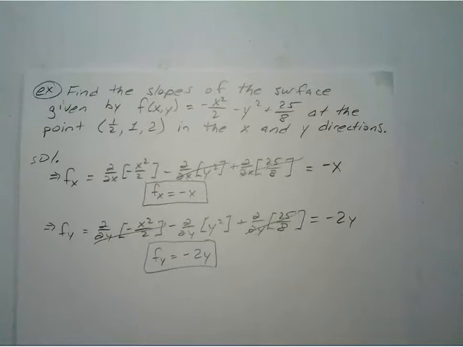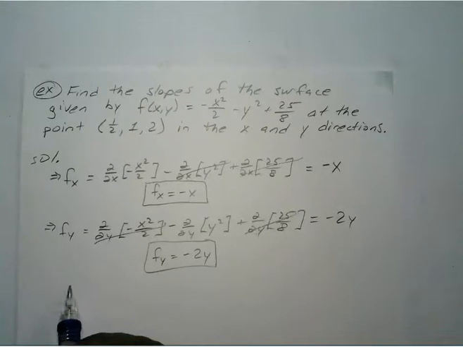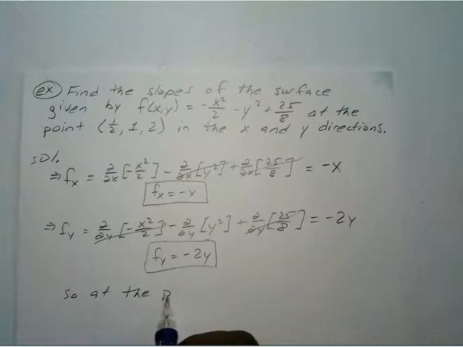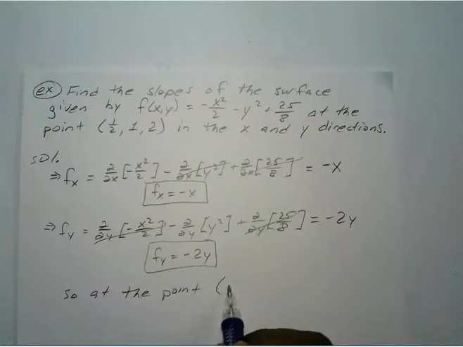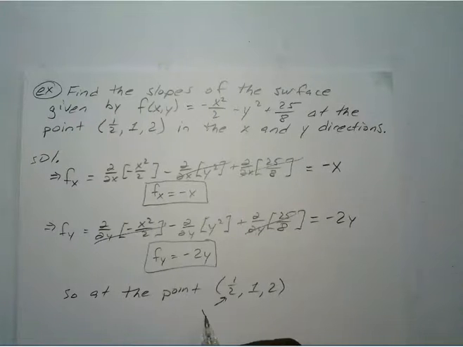Okay, so we found our derivatives, so we just have to find them at the point 1/2, 1, and 2. So at the point 1/2, 1, 2, remember this is our x0, y0, and z0.